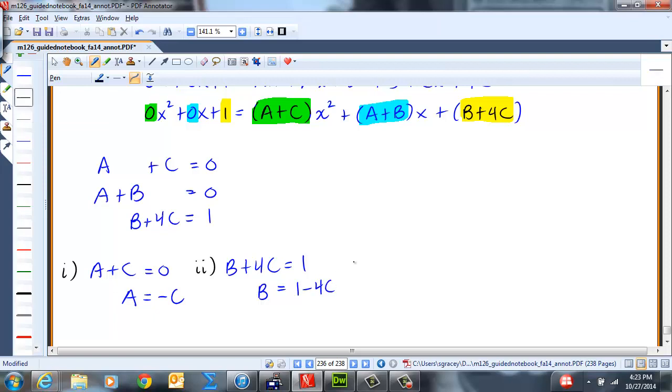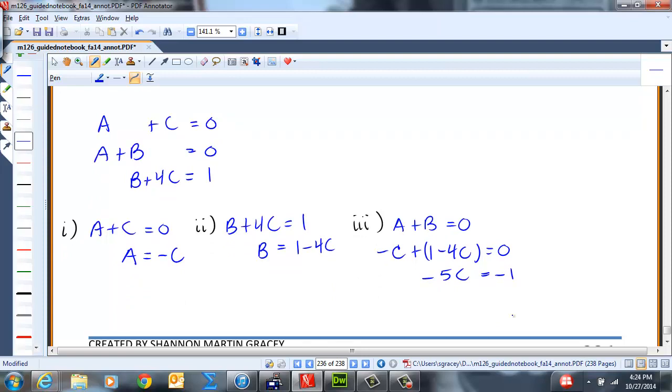So going to our middle equation, we'll substitute in a and b for what we had in terms of c. So a plus b equals 0 gives us negative c plus 1 minus 4c equals 0. That'll give us negative 5c is equal to negative 1. Dividing, we'll have c is positive 1/5.